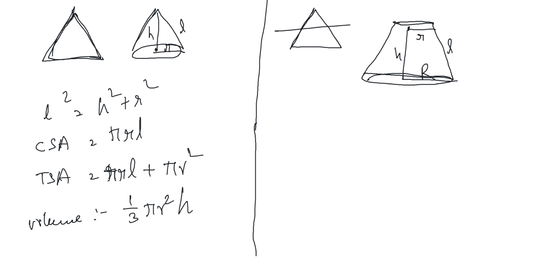In the frustum, we have L square equal to h square plus (R minus r) square, right?